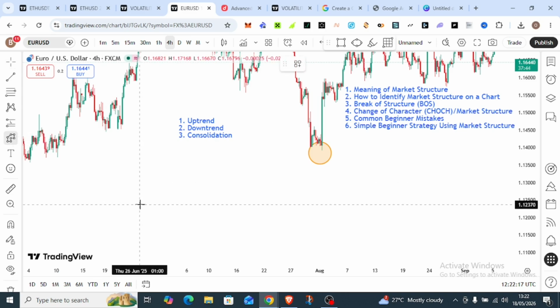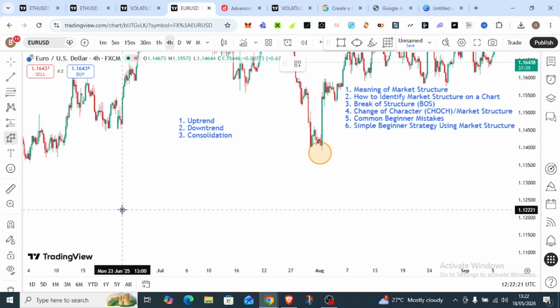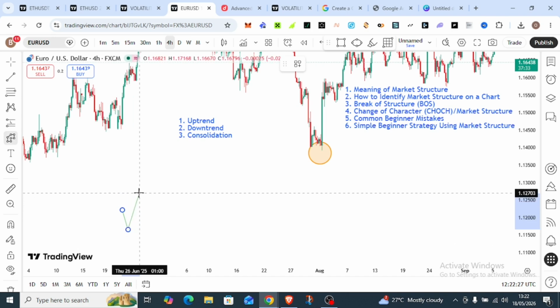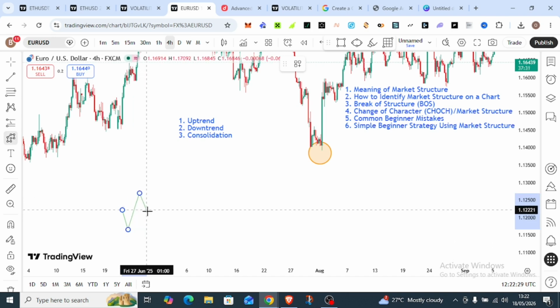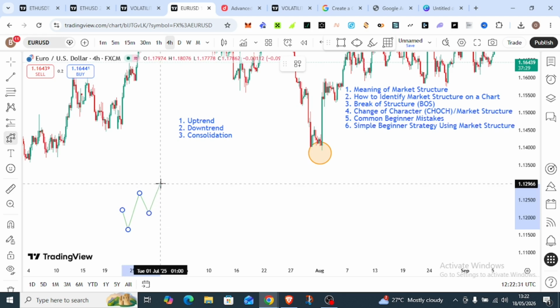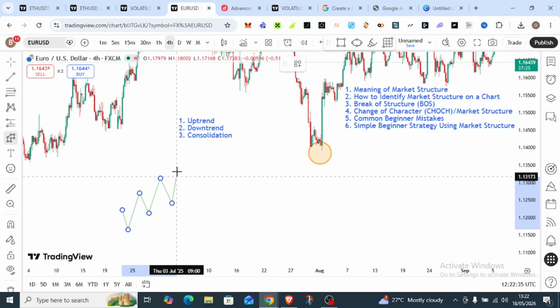So if we are in an uptrend market, you have the market move this way: higher high, higher low, higher high, higher low, higher high, higher low. This is an uptrend market. It will be creating a series of higher highs and higher lows.